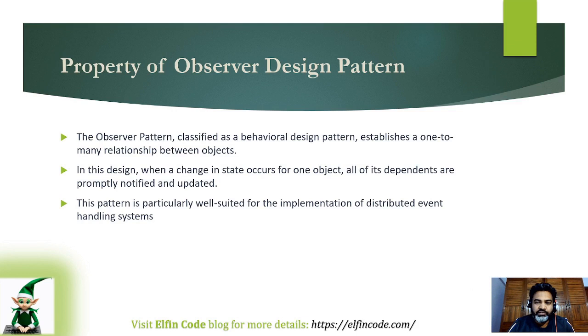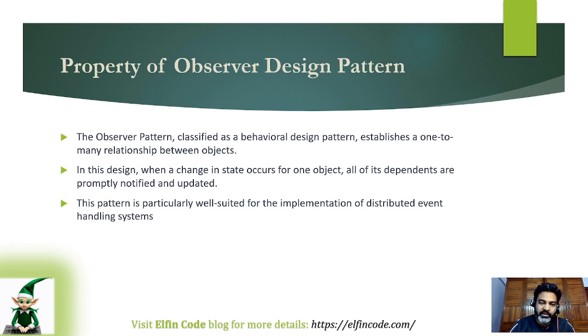So the observer pattern. It is a behavioral pattern, where it establishes a one to many relationship. What exactly does one to many mean? There is one subject and a lot of observers.